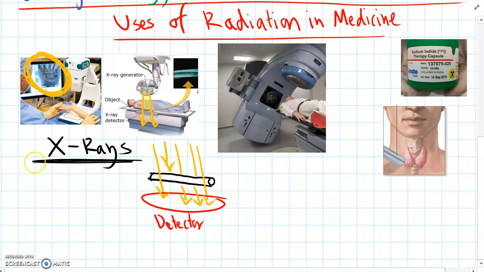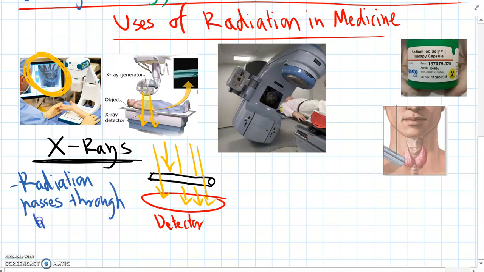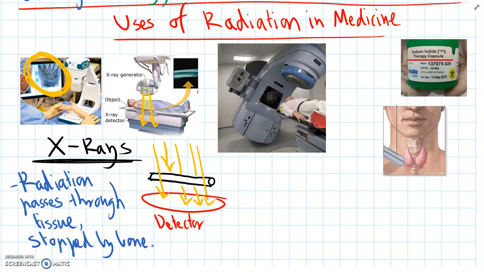So we have the radiation, it passes through the softer tissues of your body, like your skin and your muscles, but then it gets stopped by bone. And that's really useful for seeing if you've broken a bone or if you have something metal lodged in your body somewhere that they need to find.